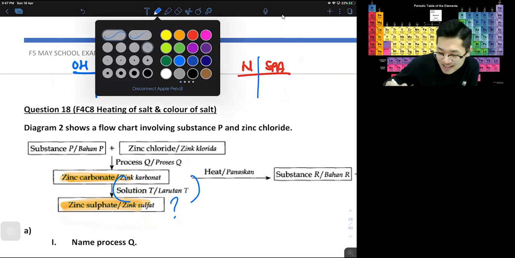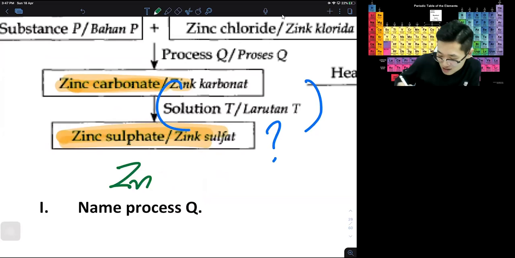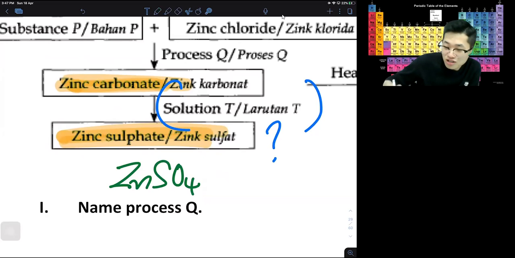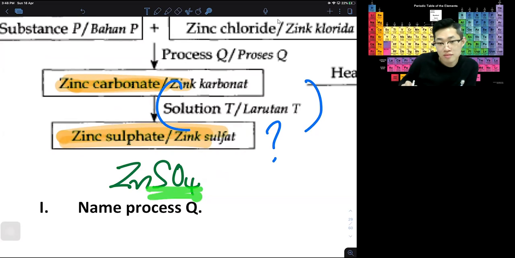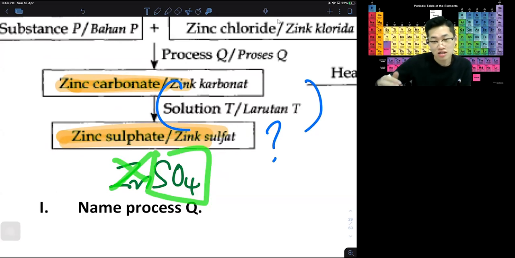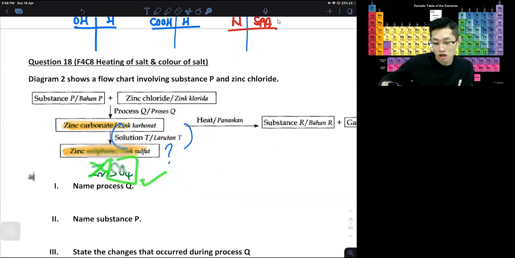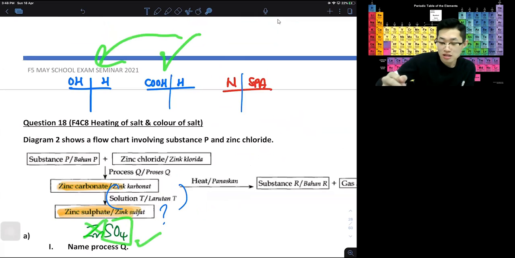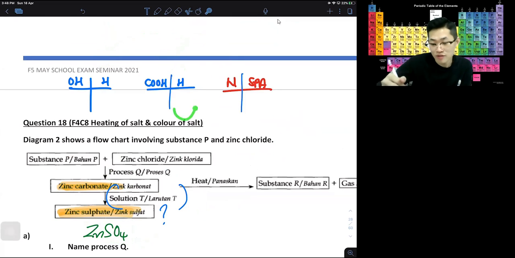Zinc sulfate, soluble or not? If it is not paired with the SPA ions, then soluble. Zinc sulfate got SPA or not? No. Then we use the second one.